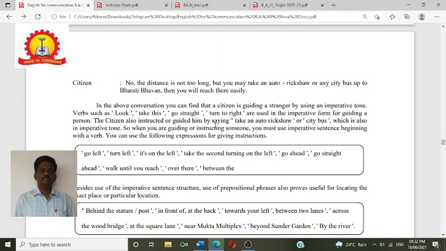And after reading a small conversation between a stranger and a citizen, we came across two things that are important here in giving instructions. One is the imperative sentence and second is prepositional phrases.